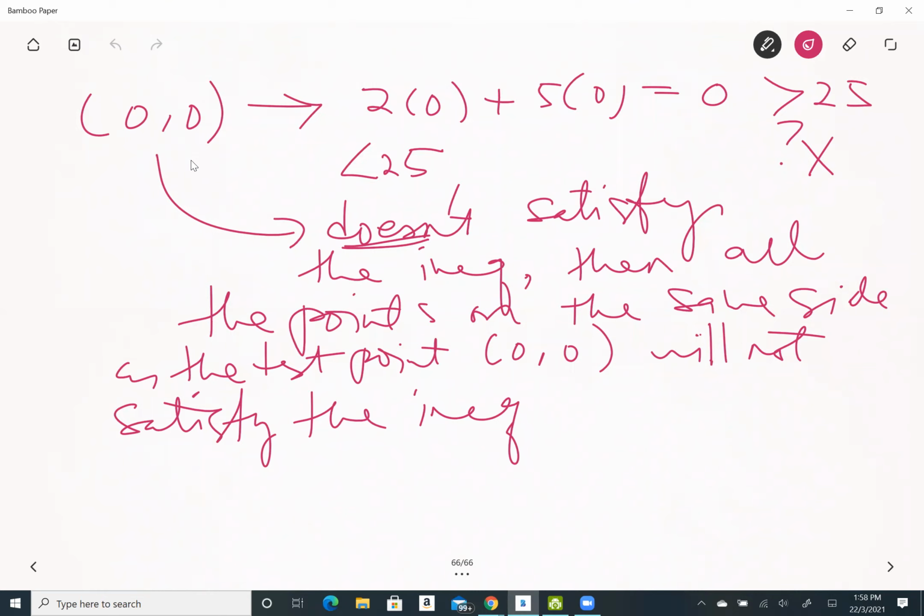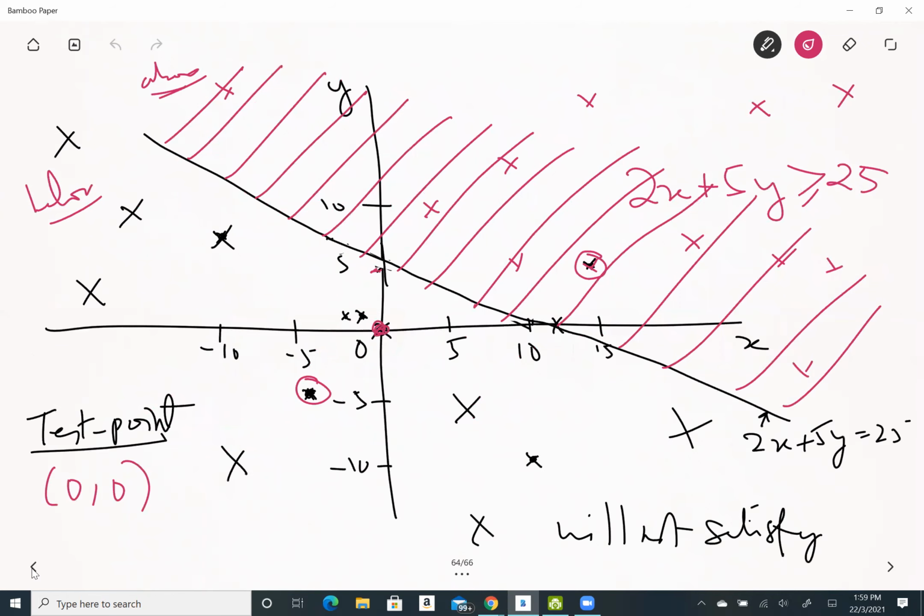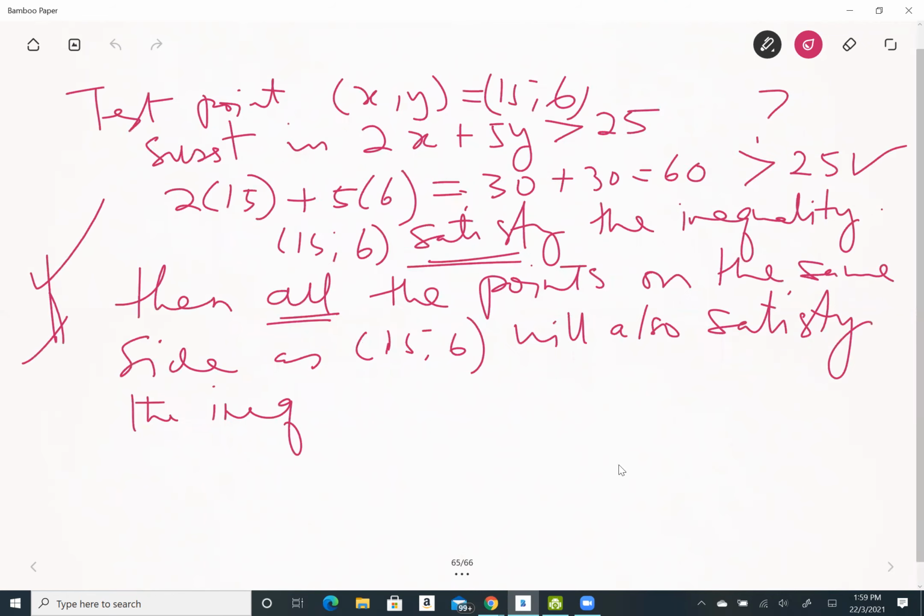So we test that point and see whether the point satisfies that inequality. I think we did one test point, and that test point does satisfy the inequality.